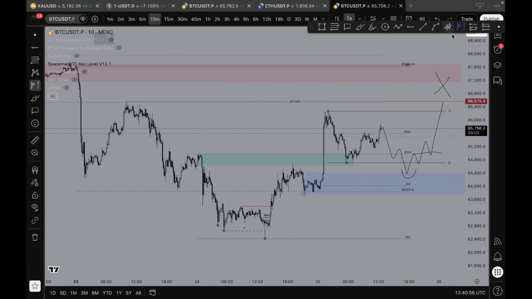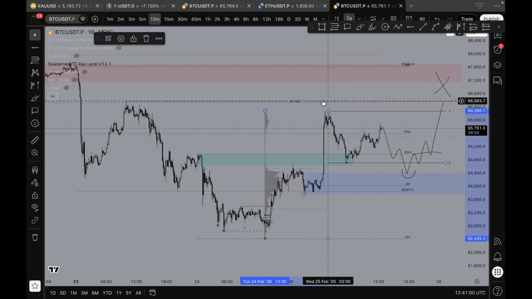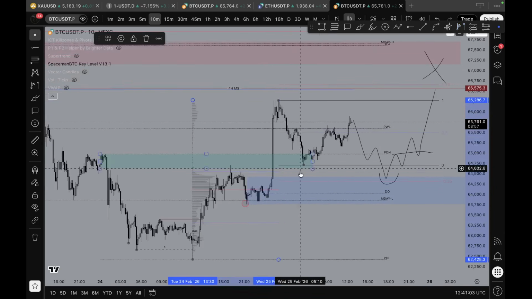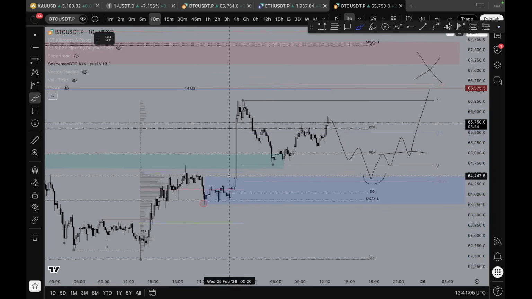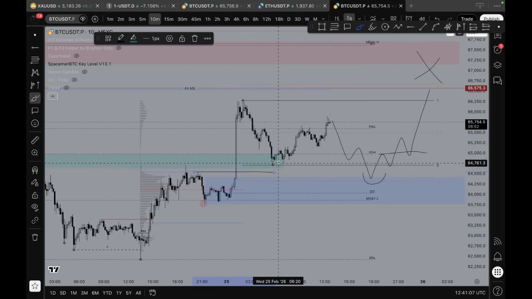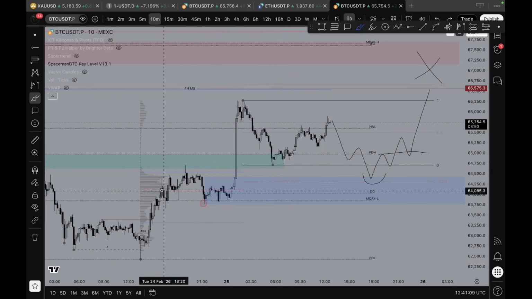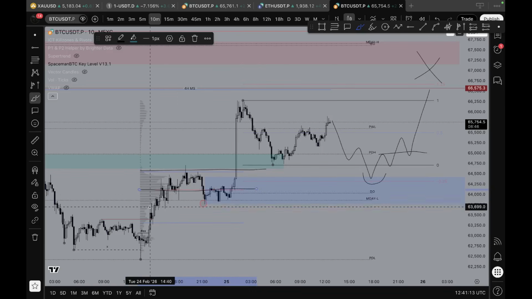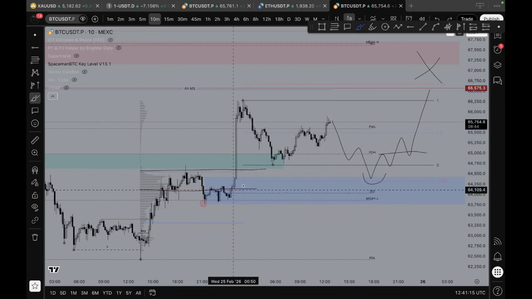Last thing I want to look at is the volume from this low to that high. We came near the value area high retest right here, but we front ran it. So we still have the value area high and the POC of this local range before we pushed up, still untested.